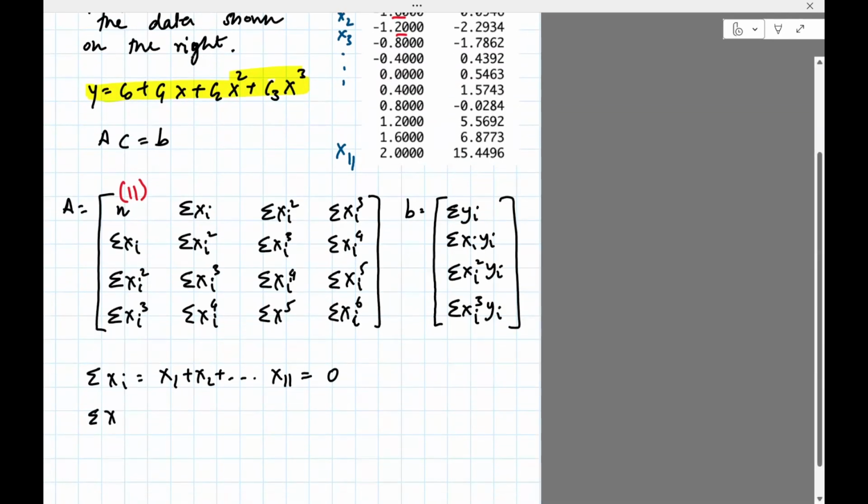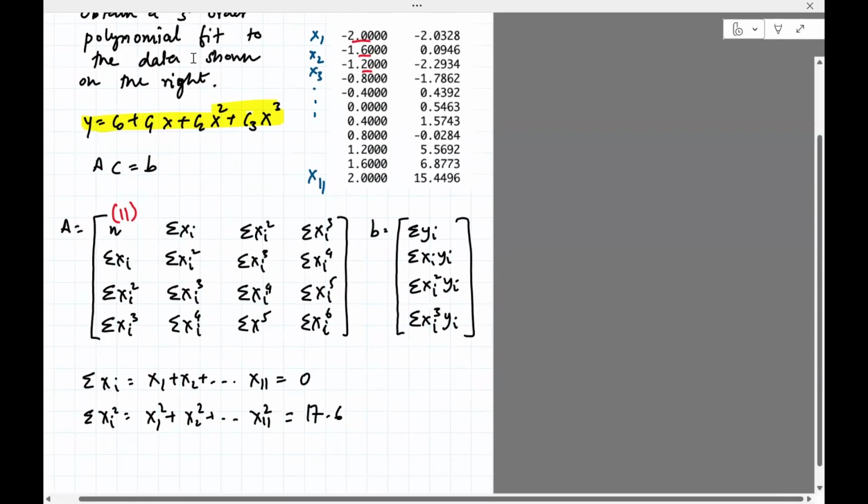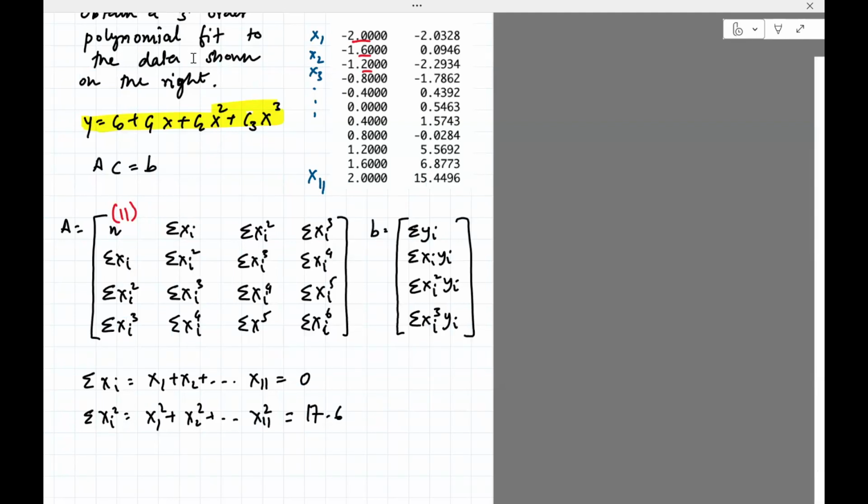Then to find summation xi square, you will take x1 square plus x2 square plus so on, x11 square. That comes out to be 17.6, and so on. So it's just an exercise in computation here. The easier way to do this is probably Excel, or if you like MATLAB too.